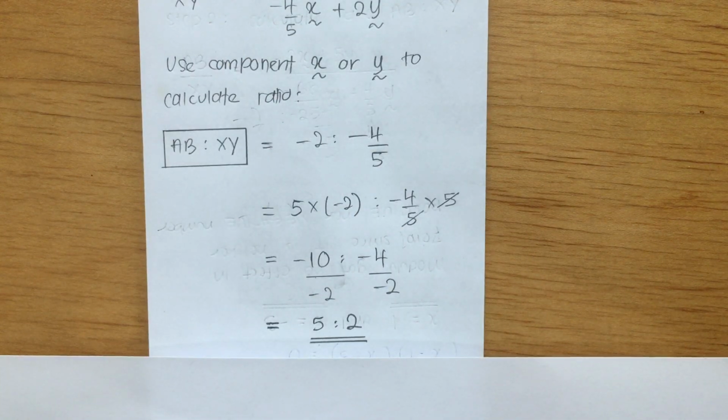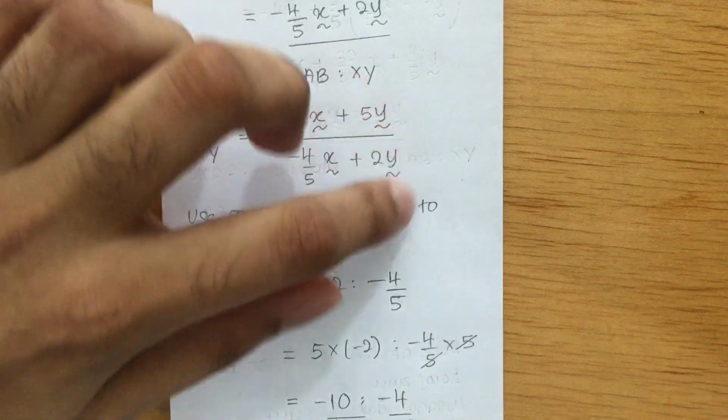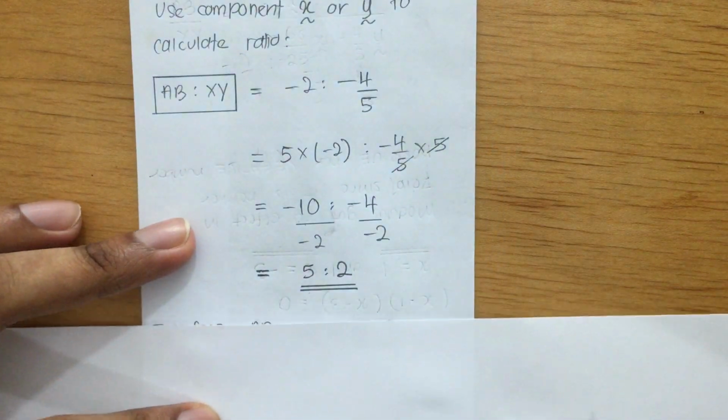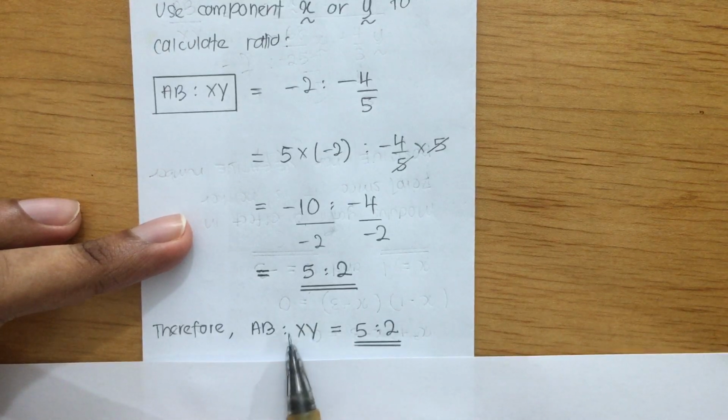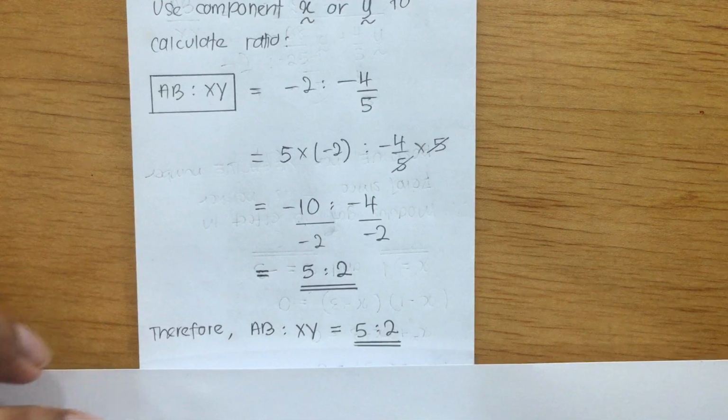I find that most students are pretty weak in ratio calculation, guys. That's the reason I'm showing this method, even though you can immediately get your answer directly from 5 and 2 in the component y. Therefore the ratio of AB is to XY is equal to 5:2. This is your final answer, guys.